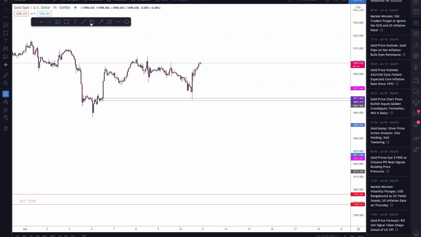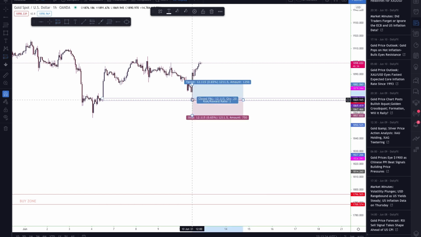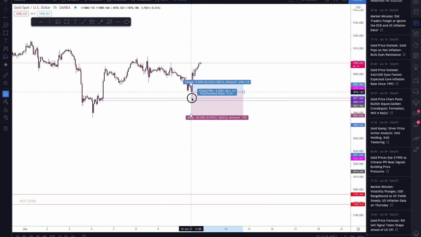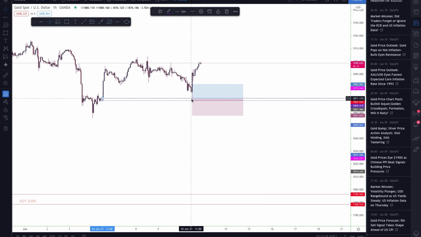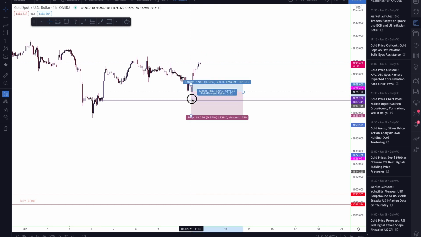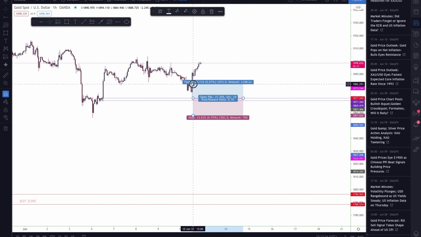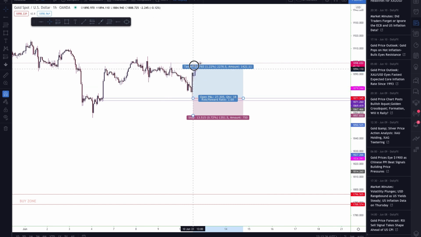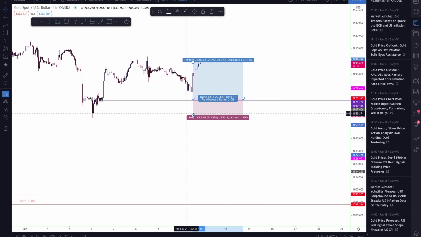So over here we can check our risk to reward ratio. The risk to reward ratio is about, so we are targeting here. Let's see, targeting here.